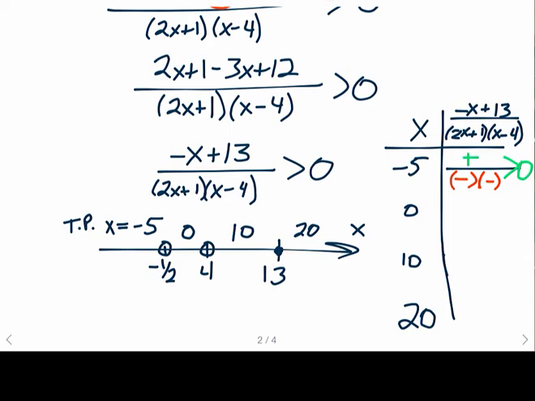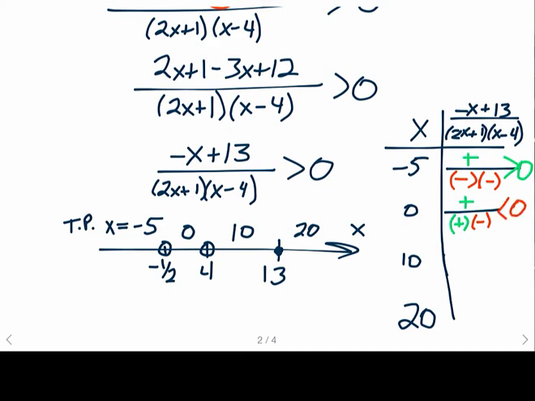If x is 0, the numerator, negative x plus 13, is positive. The denominator, 2x plus 1, is going to be positive if x is 0. x minus 4 is going to be negative if x is 0. Overall, the deal is I have an odd number of negative signs. Positive over positive times negative. This thing is going to be negative as an output there.